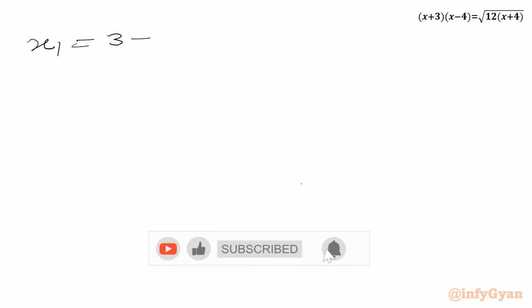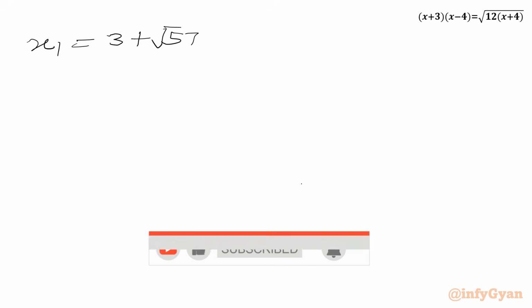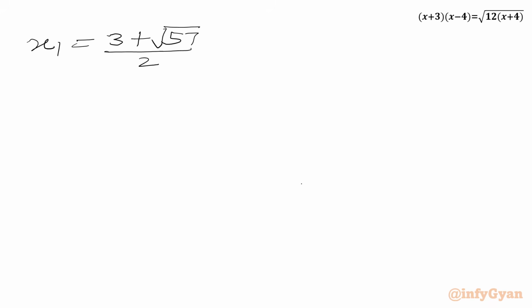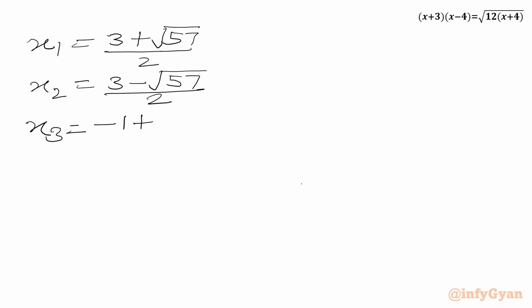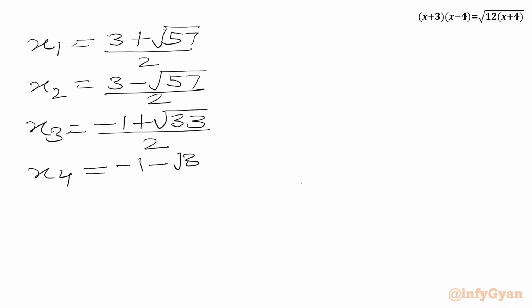So let me write here x1 will be equal to 3 plus root 57 over 2. x2 will be equal to 3 minus square root 57 over 2. x3 will be equal to minus 1 plus square root 33 over 2, and x4 we will write minus 1 minus square root 33 over 2.